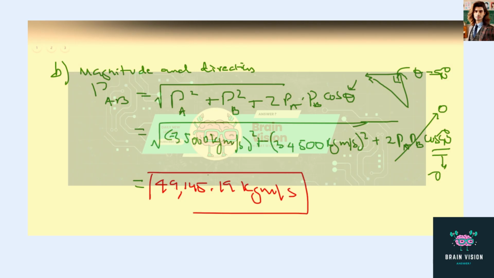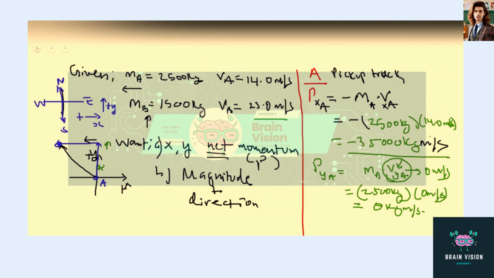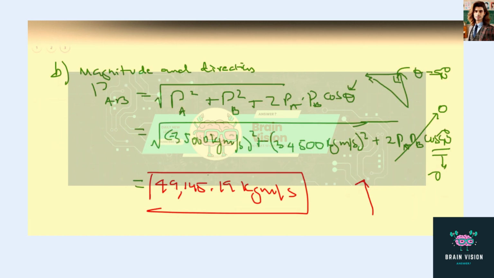In terms of direction, remember the sedan, if we go back, sedan is going upwards, and then the pickup truck is going towards the left. Sedan is going south north. Pickup truck is going east west, and they have a 45-degree resultant with respect to the north axis or the y-axis.